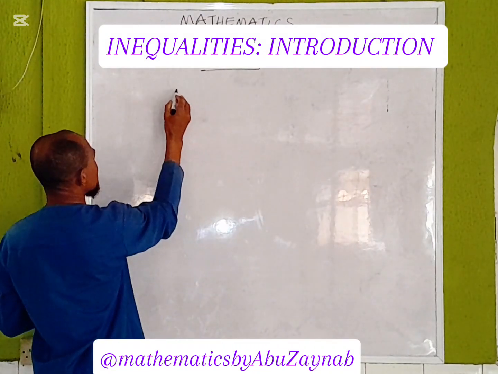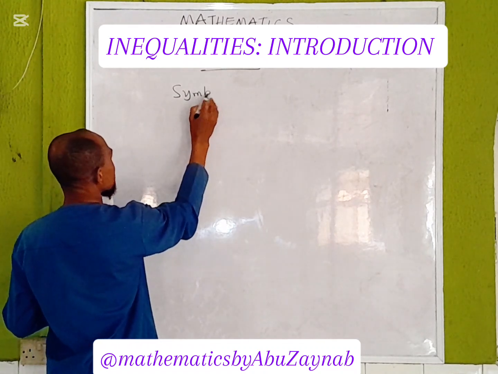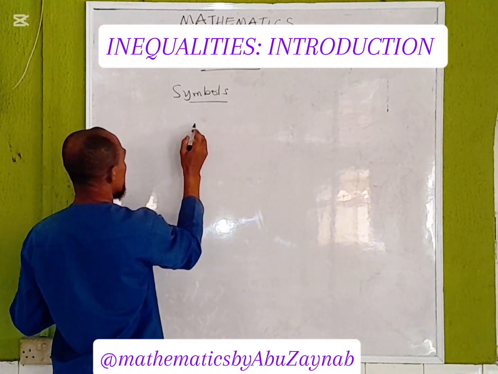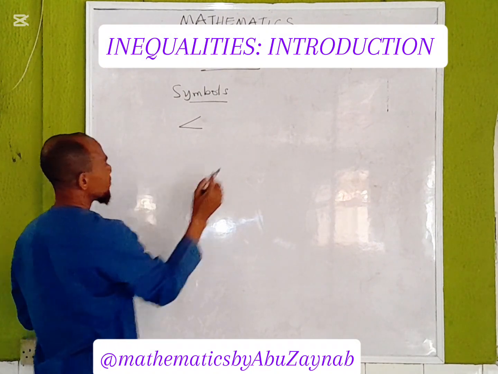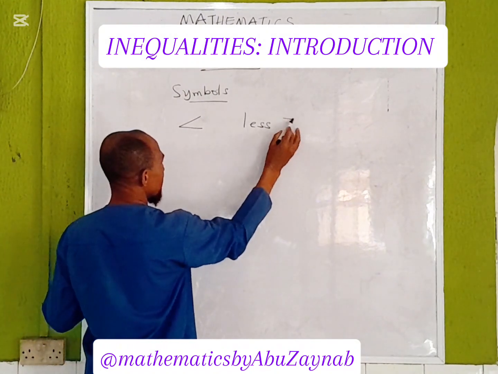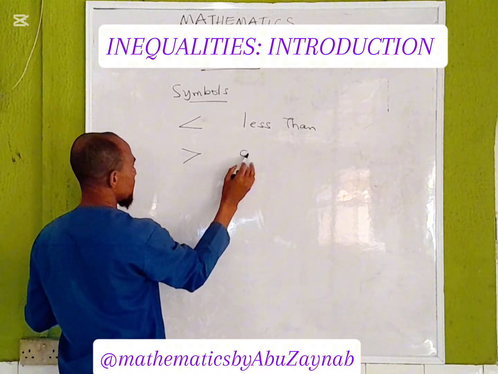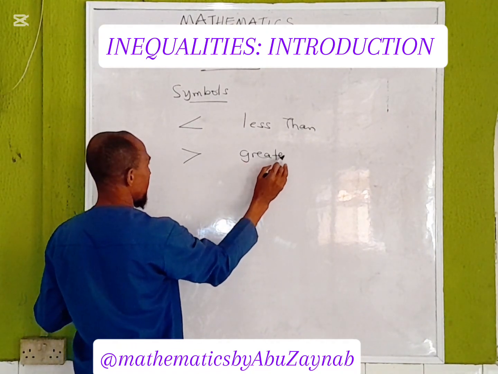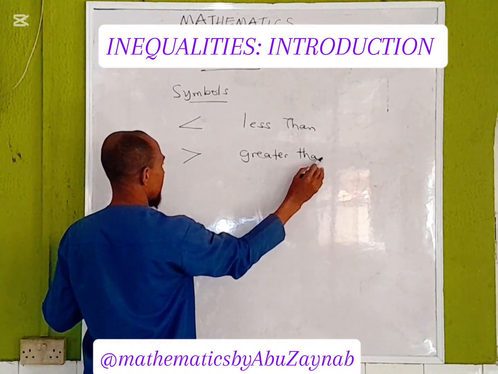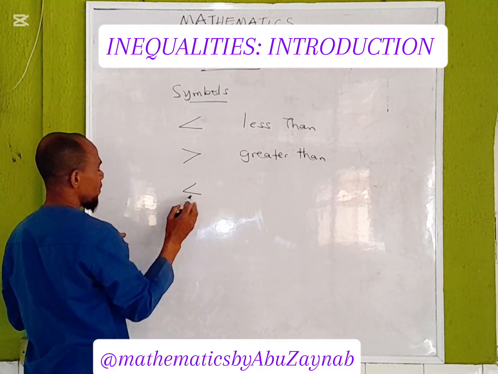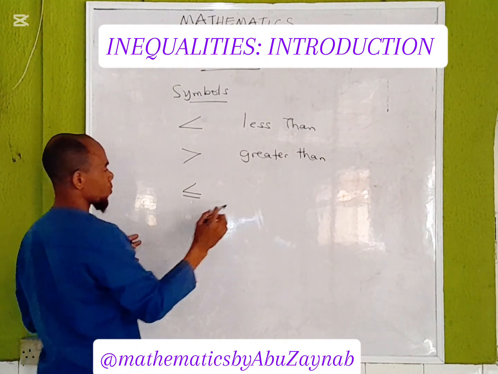So the symbols of inequality are as follows. We've got the less than, we've got the greater than, then in addition we have less than or equal to.